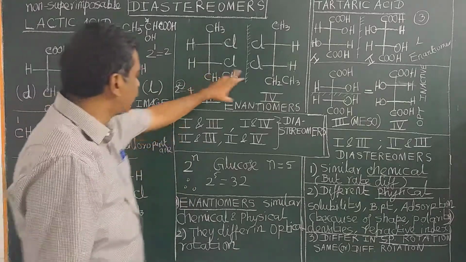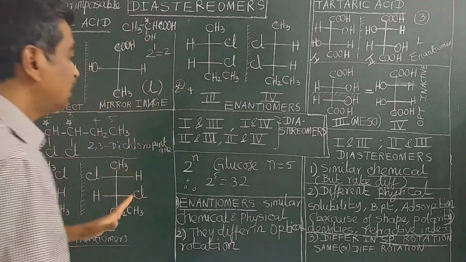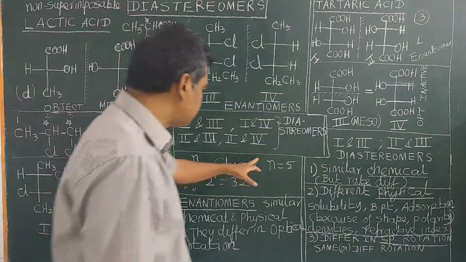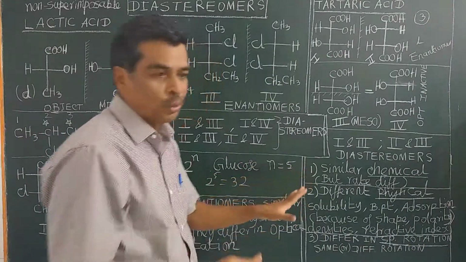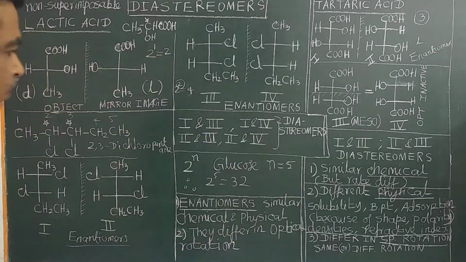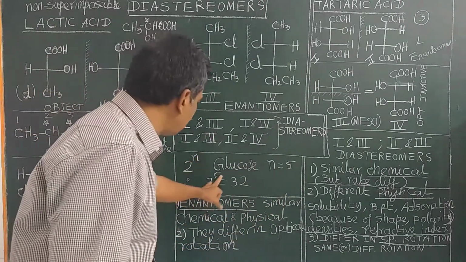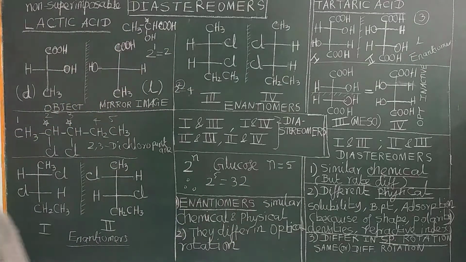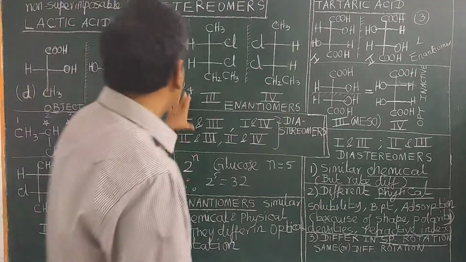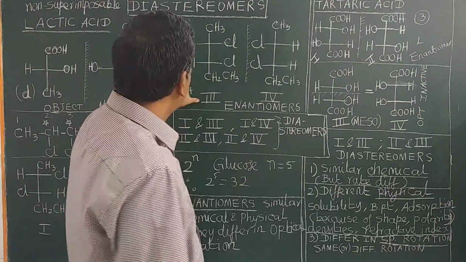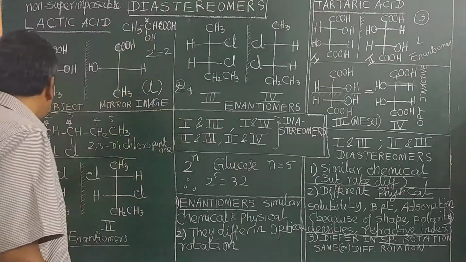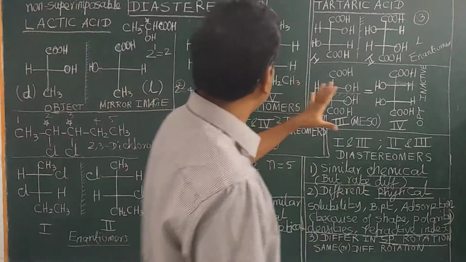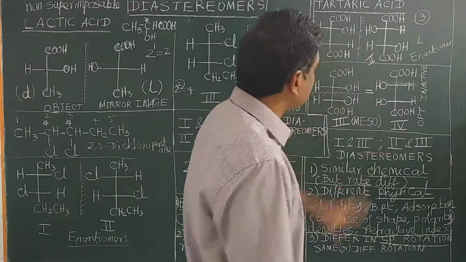Similarly, glucose is a hexose and has 5 asymmetric carbon atoms, therefore 2 power 5 equals 32 stereoisomers are possible. With 2 asymmetric carbon atoms, 2 power 2, there are 4 stereoisomers. Now let us look at tartaric acid.